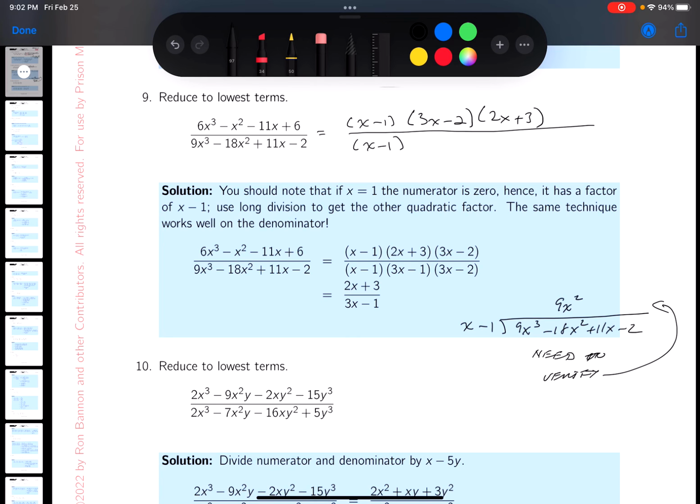Need to verify. So 9x squared. Well, I certainly know the end is going to be plus 2. And that middle guy, I've got to think about it. Minus 9.